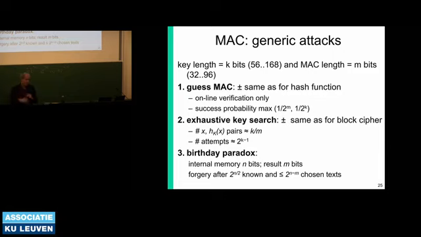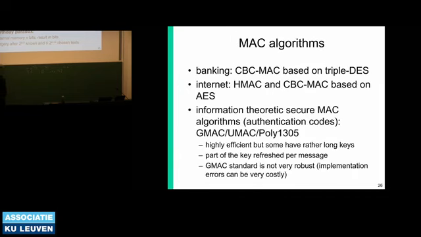So the security of your MAC does not depend on the size of the state, but on the square root of the size of the state. This was a bit annoying to the banks because the banks used MACs based on triple DES, where the block length is 64 bits, so their state is 64 bits. More or less, if you saw 4 billion messages, you could create new text pairs. So this is a bit of a problem, but I will not explain the details.